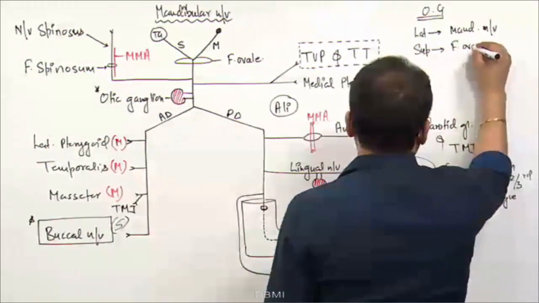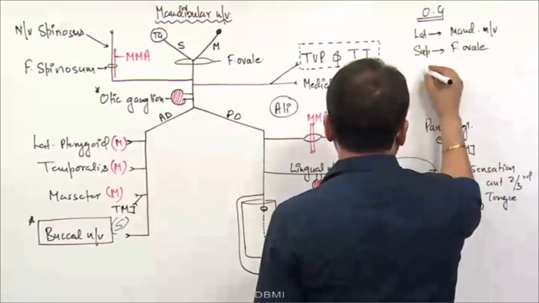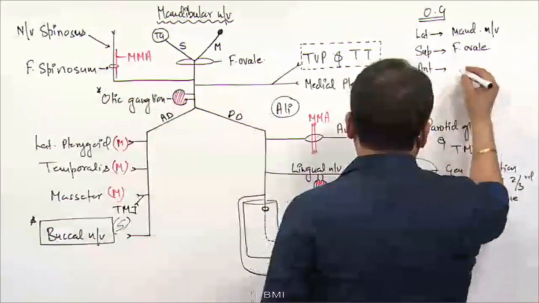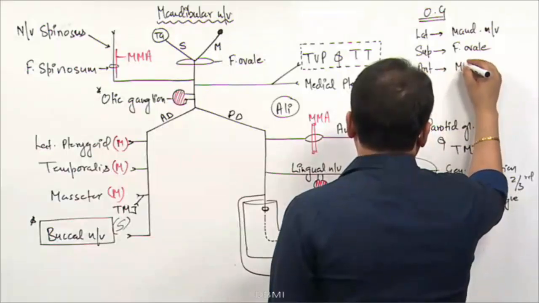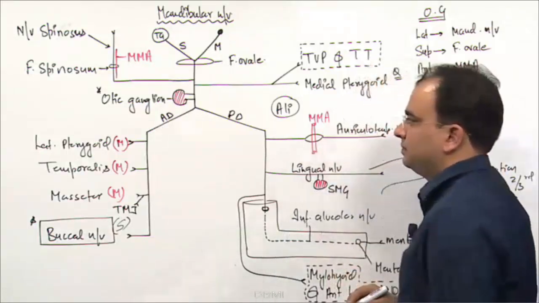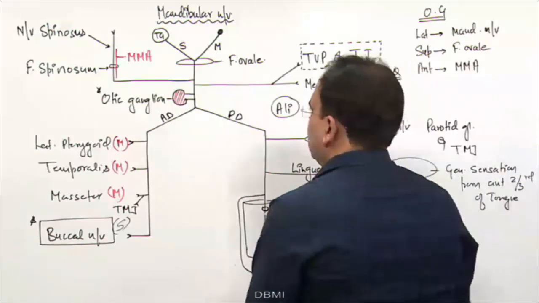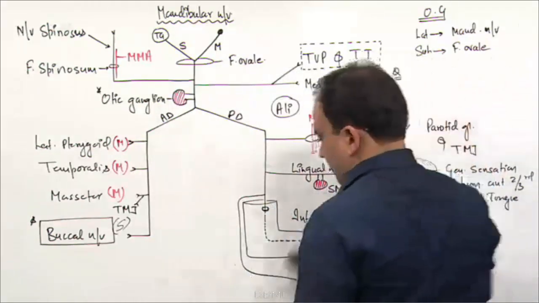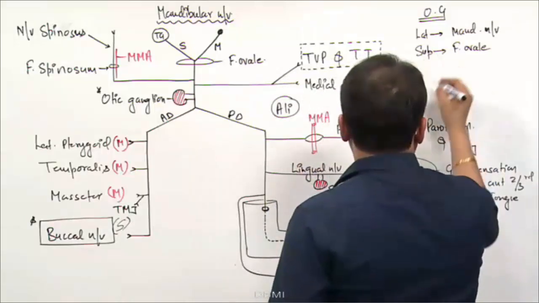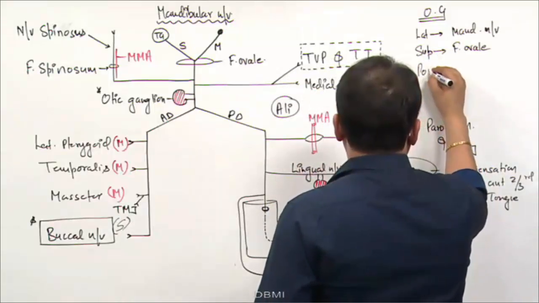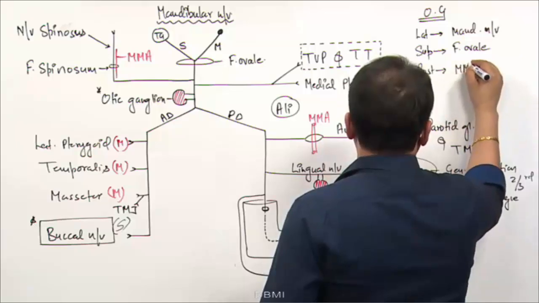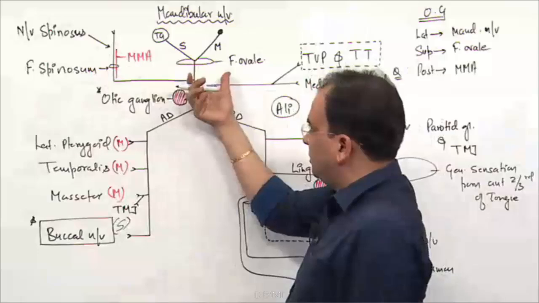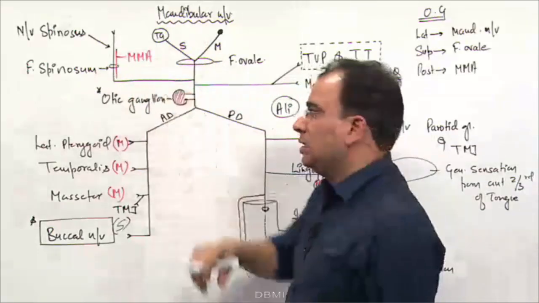Superiorly we have foramen ovale. I'm sorry, posteriorly we have the middle meningeal artery, because the middle meningeal artery is going through foramen spinosum, and foramen spinosum is posterolateral to the foramen ovale.